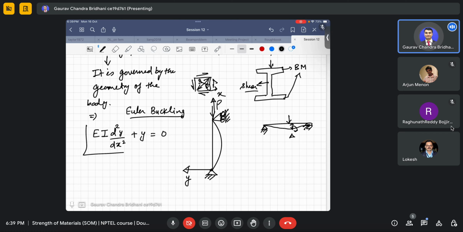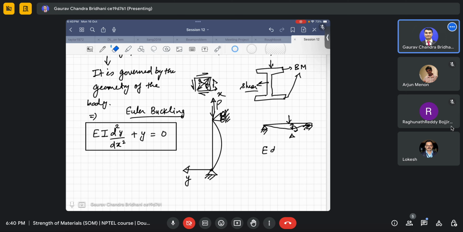So basically our governing equation comes in this form in case of buckling. But in case of bending, the governing equation is different. There we find EI d square y by dx square equals M.